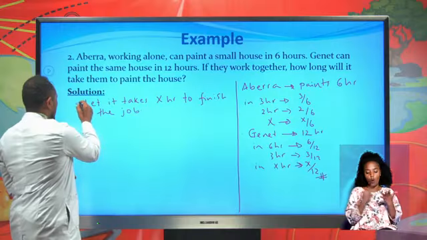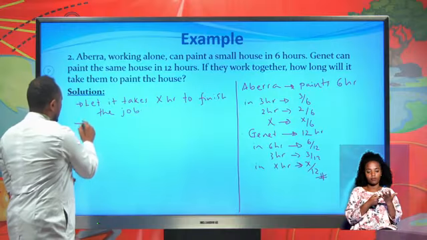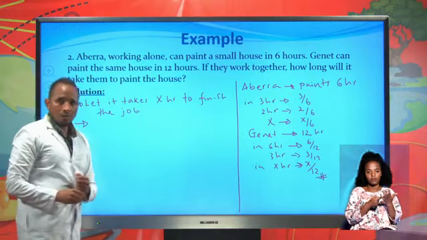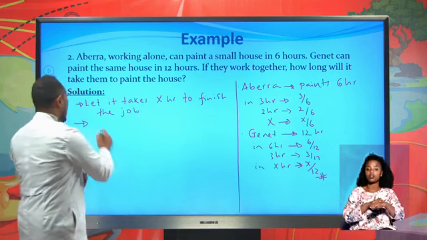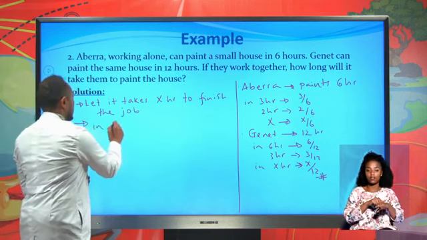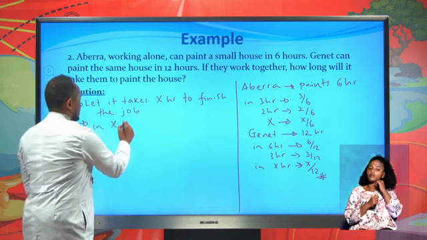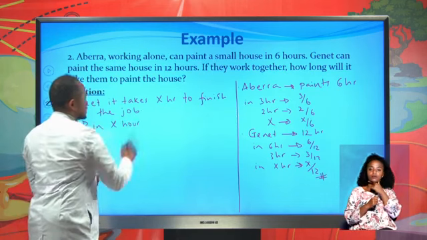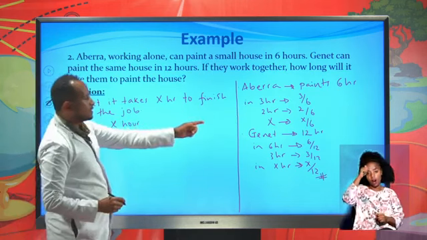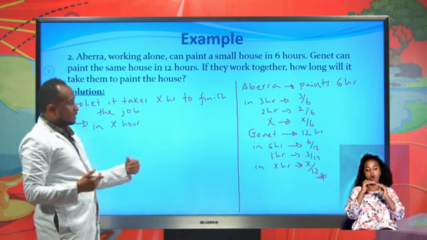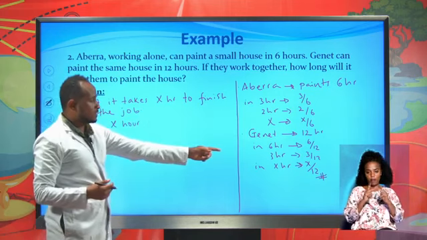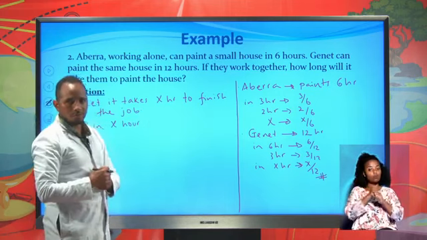So in x hours, Aberra completes x over 6 part, and Gannet completes x over 12 part of the job.